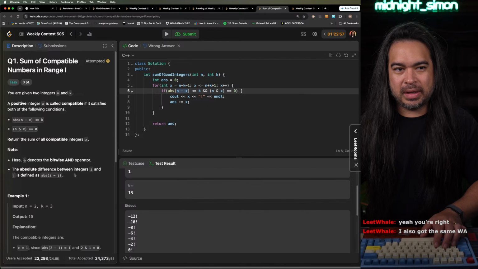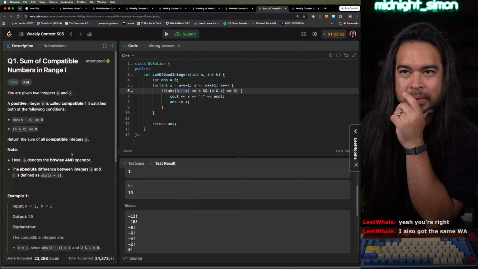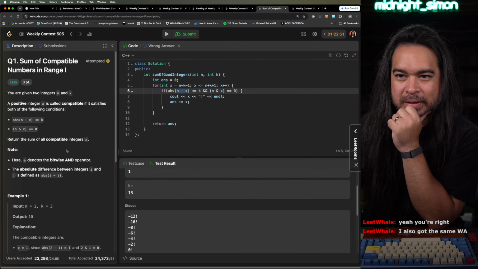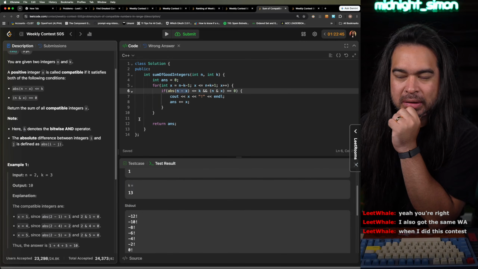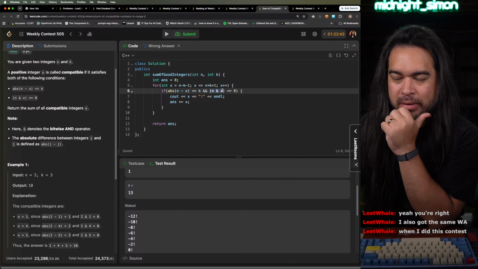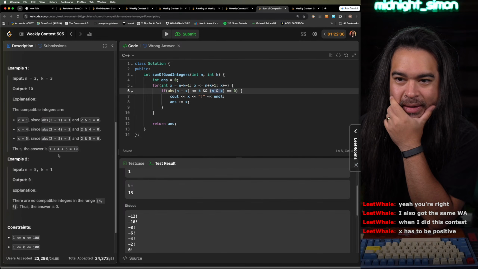Wait, I also got the same wrong answer. Wait, what do you mean? Am I misunderstanding the problem? Or is the bitwise operator weird with negatives, or what's happening, man? X has to be positive?